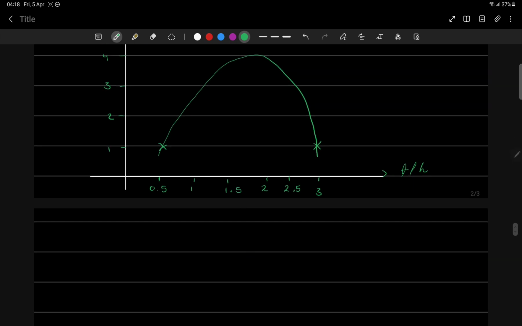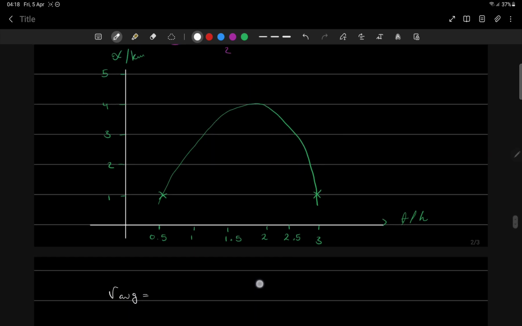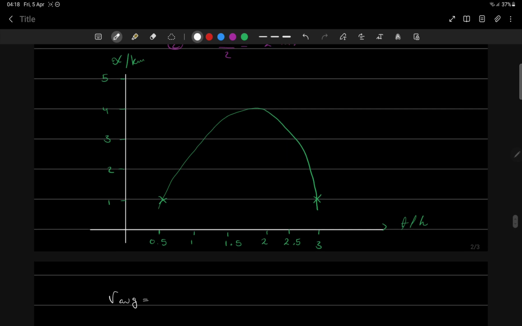Let us see. The average speed equals total distance by the time interval. What is the total distance? It moved from 1 up to 4, and then again from 4 back to 1. From 1 to 4, it's 4 minus 1, which equals 3.